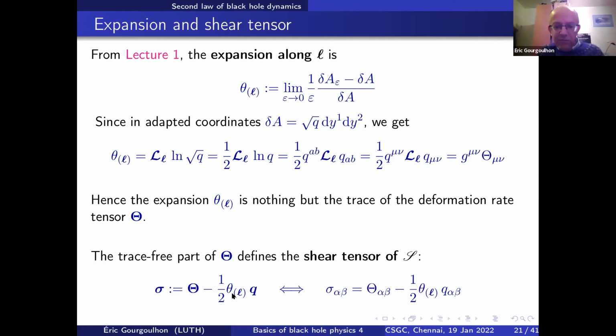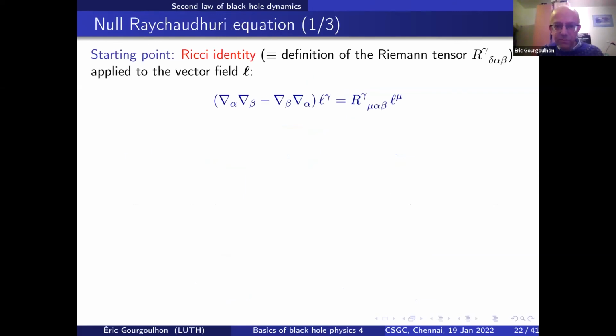And so by removing the trace, we can get a traceless object that we call the shear tensor. We denote it by sigma. So we define the shear tensor as being the deformation tensor minus its trace. In terms of components, it's given by this formula here. So we have introduced all the objects that we needed to establish the second law.